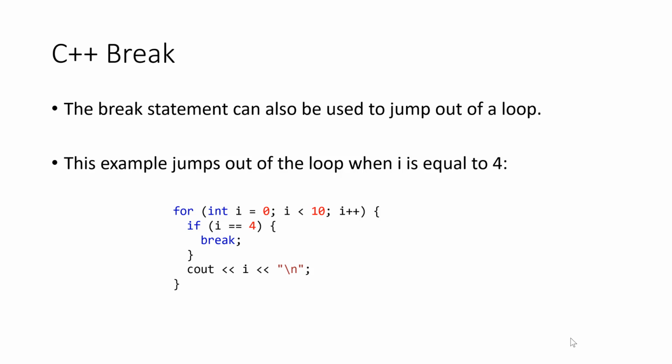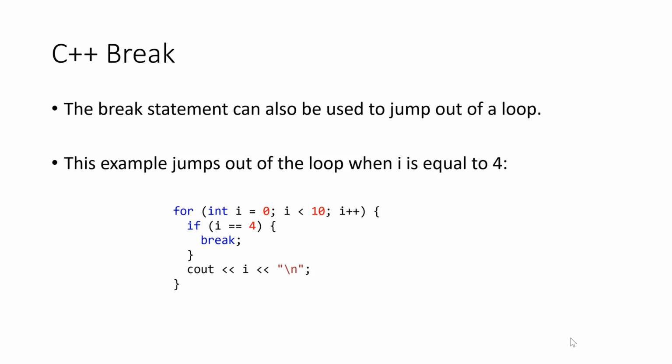So far I is not equal to 4, it is equal to 0. So that is why we are not going to go into the body of the if statement. We are going to go ahead to whatever is after the if statement. So after the if statement we have a cout statement. In this cout statement we are going to display the value of I, which is 0, and then we move to the next line by using the \n escape sequence.